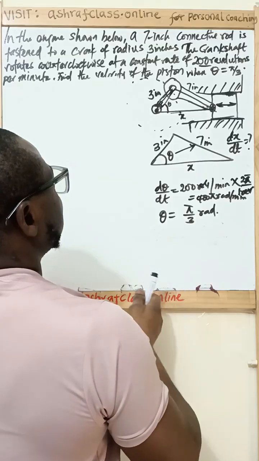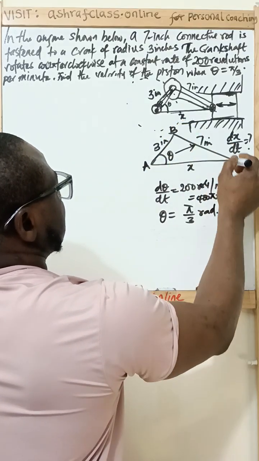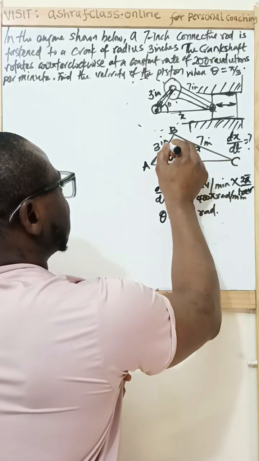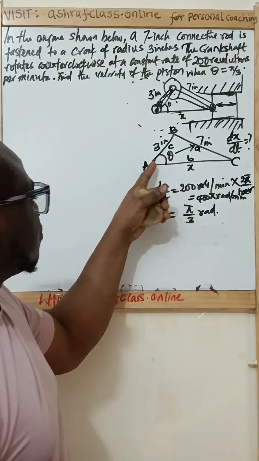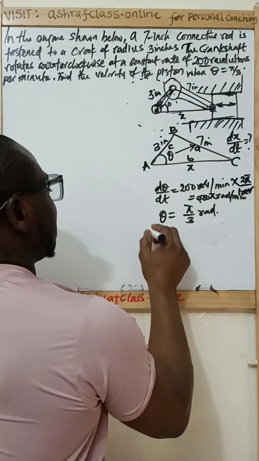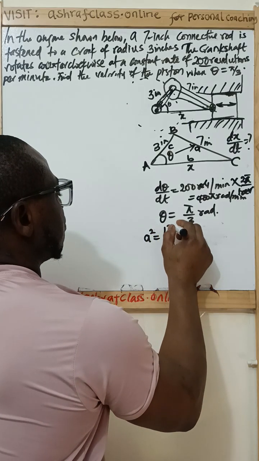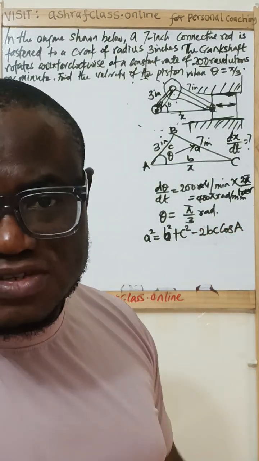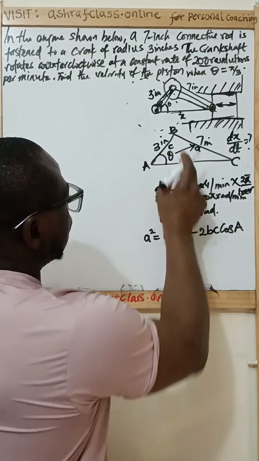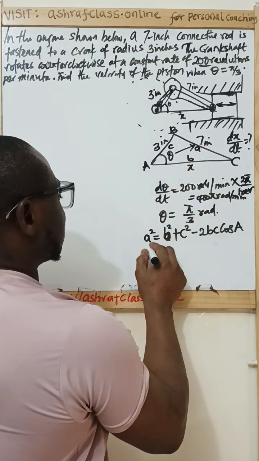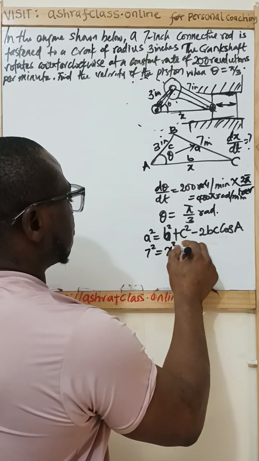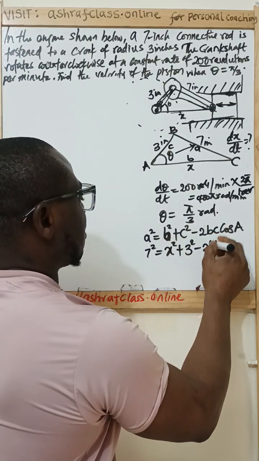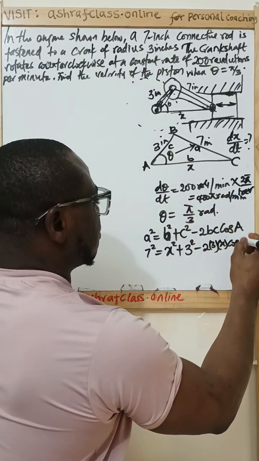If the angles are A, B and C, the small letter a is opposite A, small b is opposite B, and small c is opposite C. Concentrating on this angle, a squared equals b squared plus c squared minus 2bc cos A. Applying this: a is 7, b is x, c is 3, and cos A is cos theta.